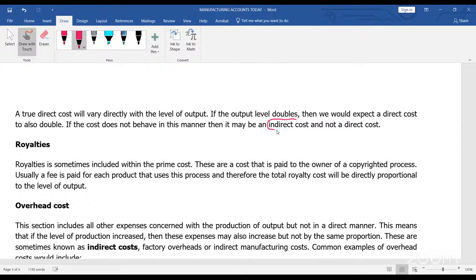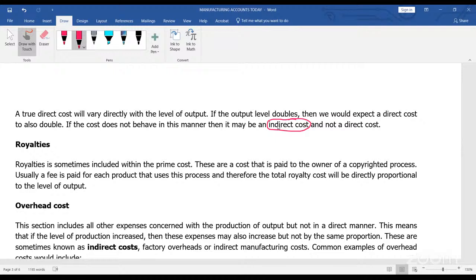So indirect costs do not vary with the level of output, but direct costs do vary with the level of output. So you should be able to tell that this is a direct cost and this is an indirect cost.